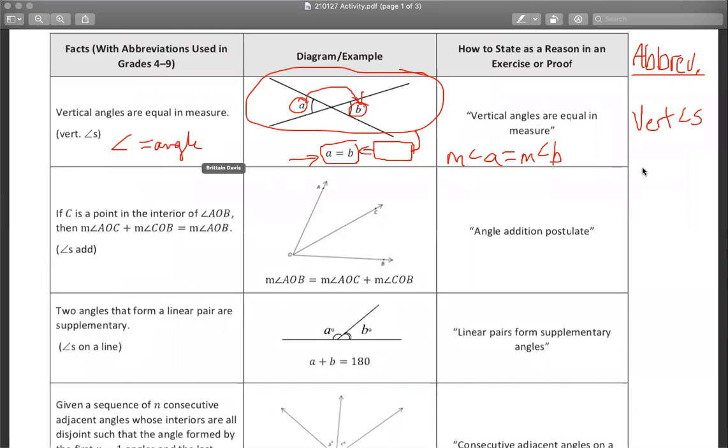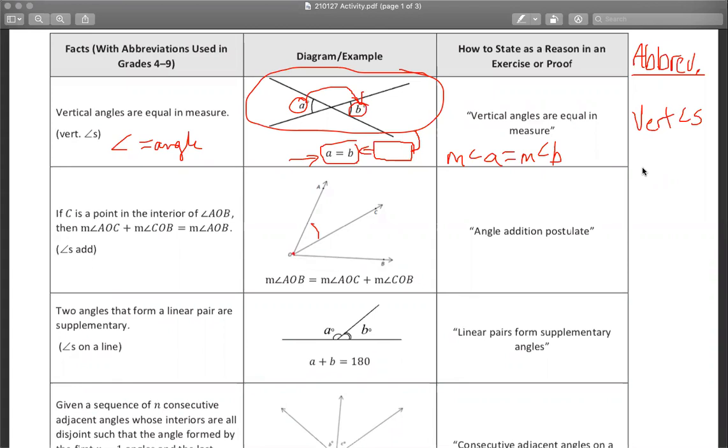Okay. So the next one does not come up as frequently, but it's good to know. If you've got a smaller angle here, and this is kind of an important thing we skipped over before because of time, but when we name an angle, the naming of our angle is always using the vertex of it as the center point.